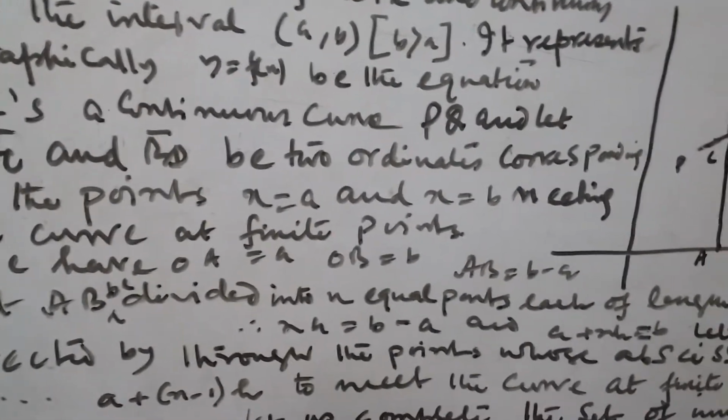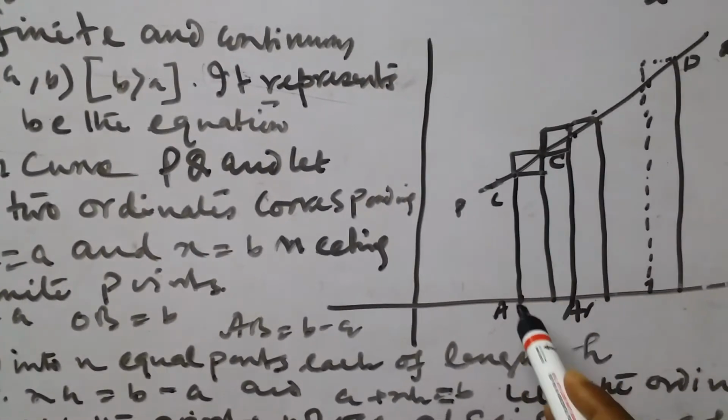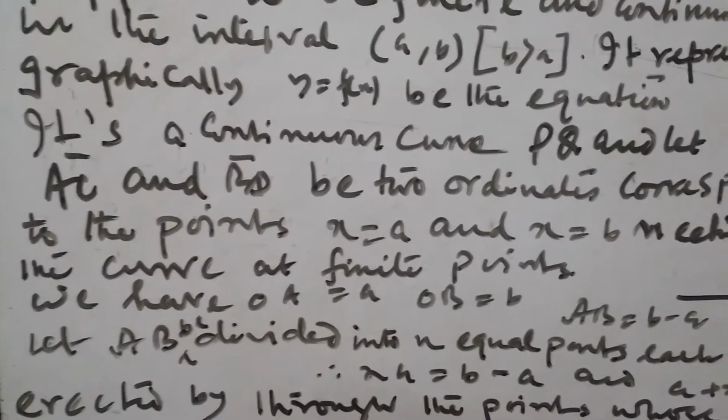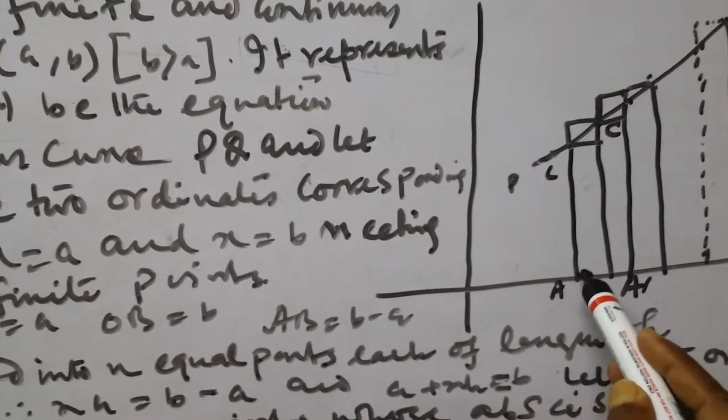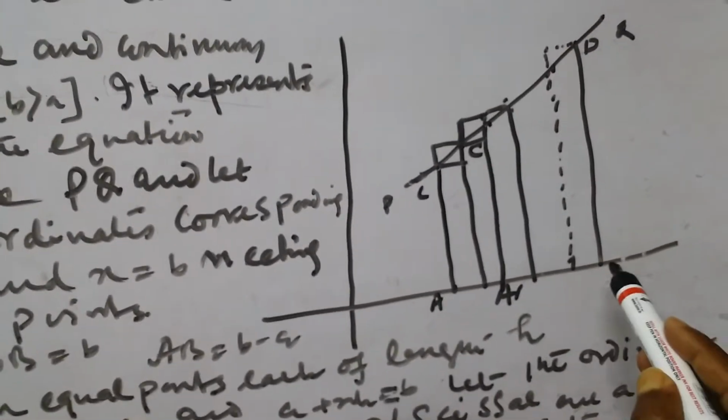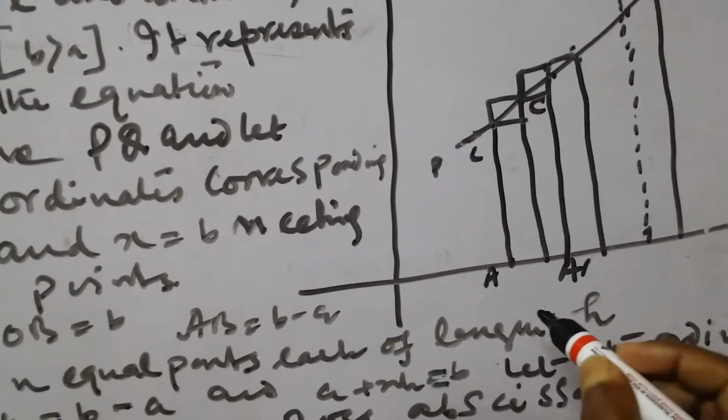Let AC and BD be two ordinates corresponding to the points x equal to a and x equal to b.